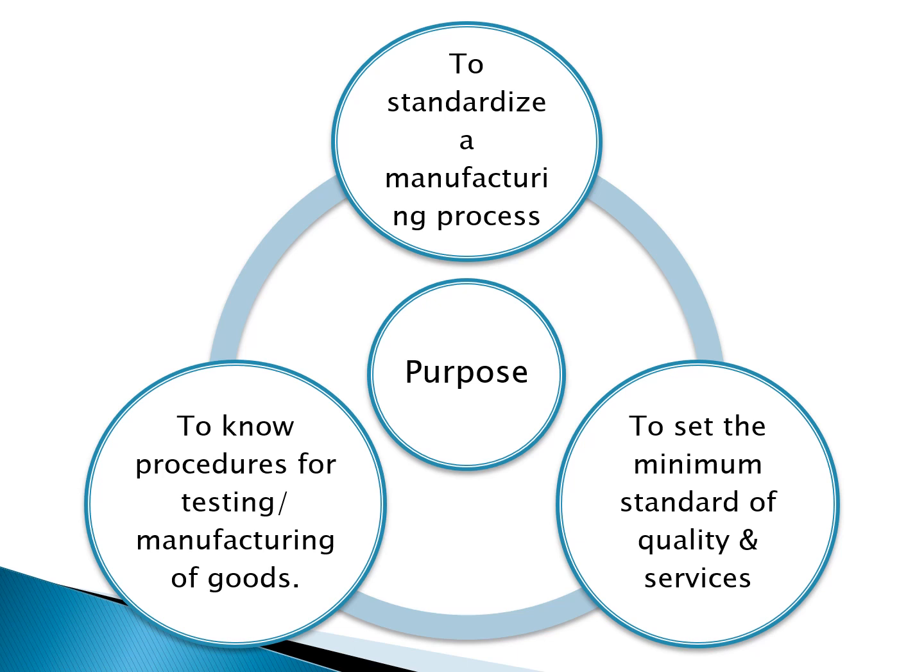And the last one is it is good for new employees, because by having this standard, the new employees will read the procedures for testing, how to produce quality goods, and so on.